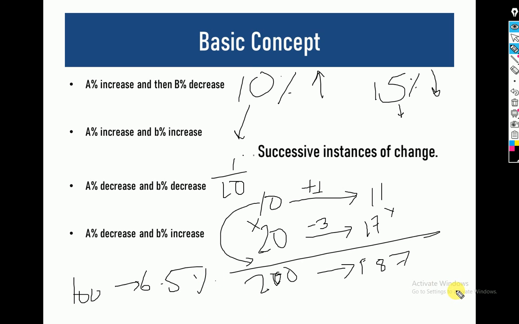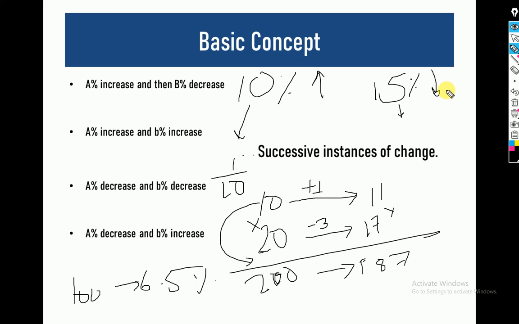These are the methods. The second one is the compoundation method. Whichever you find easier, you can adapt accordingly. But at times when some figures are given, you will find using successive very difficult.